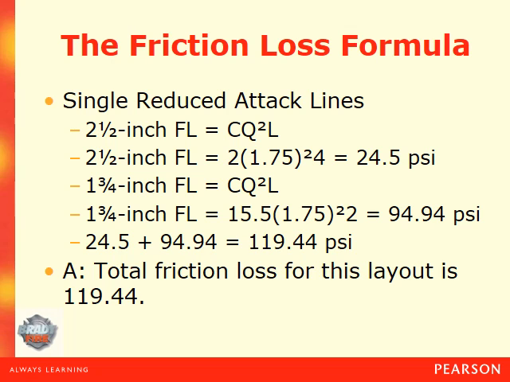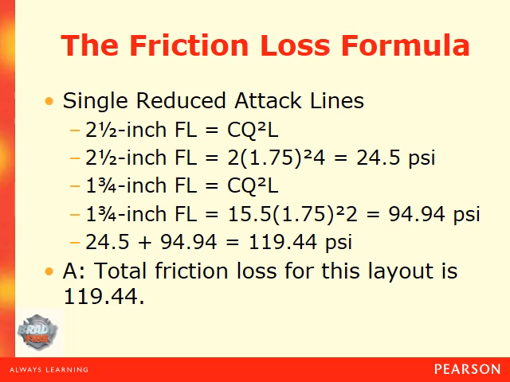Now we look at the friction loss for our second smaller line. Our coefficient, again, off our chart is 15. Our Q is going to be the same because we're still flowing the same amount of water. So again, that's 1.75, because that's 175 gallons divided by 100, of course squared. And then our length of hose in this section is going to be 2.